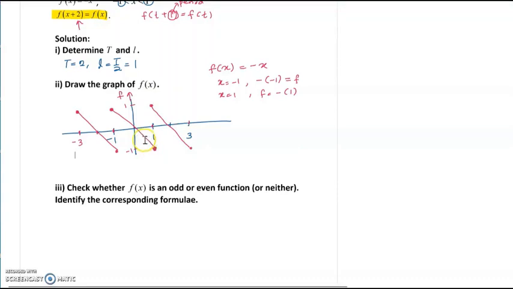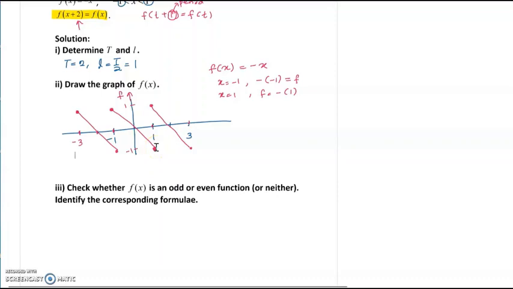So this one, what do you think? It is symmetric about the origin, because this point here is reflected to this node. This node here is reflected to this one here. So it is symmetric about the origin.